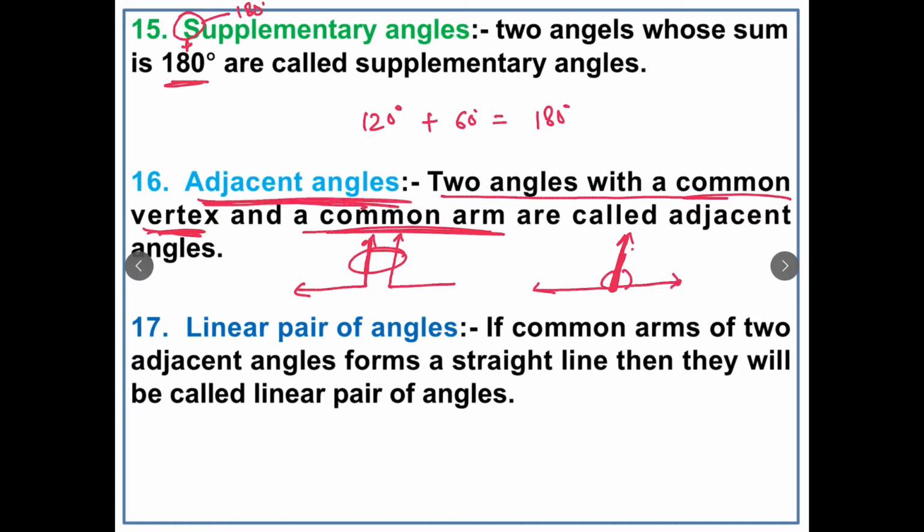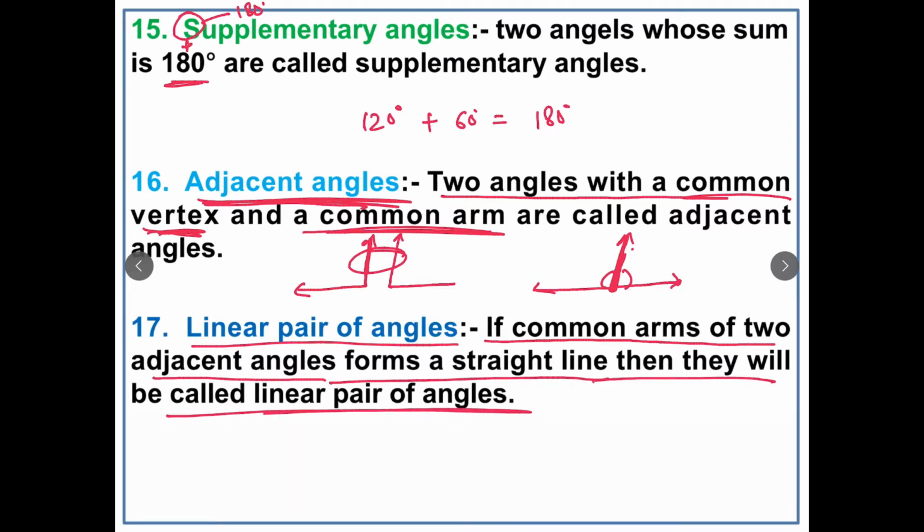Next is linear pair of angles. It says if the non-common arms of two adjacent angles form a straight line, then they will be called a linear pair of angles. Similarly, see from this example, let's say we have two angles like this, and there is another angle.